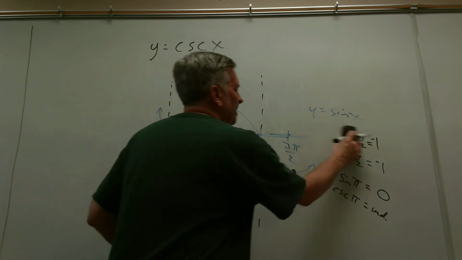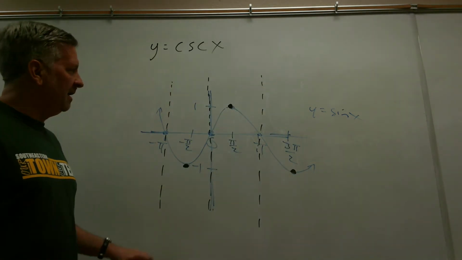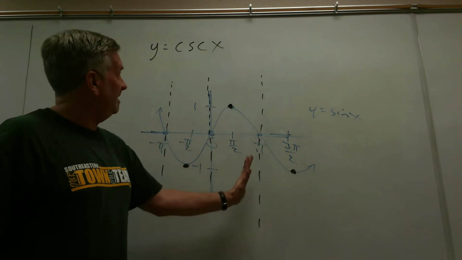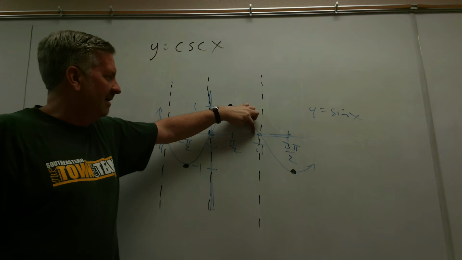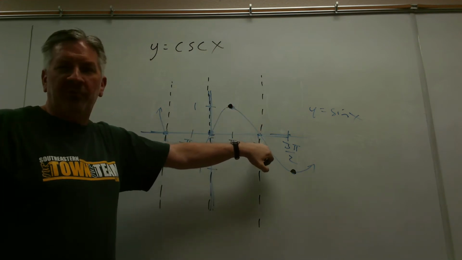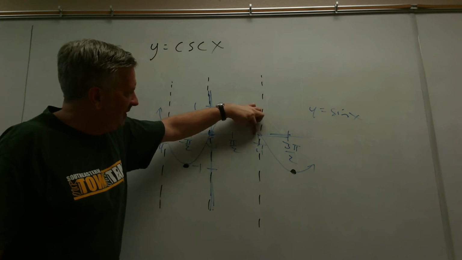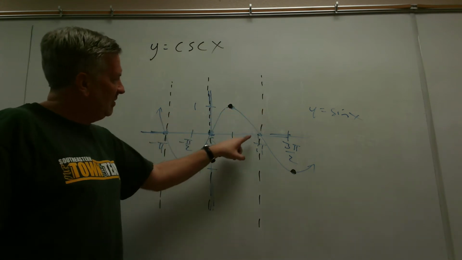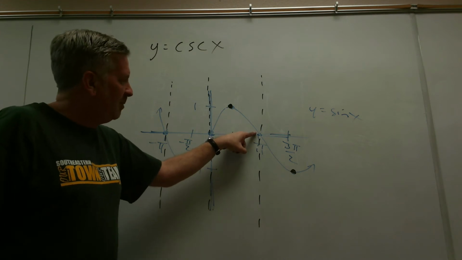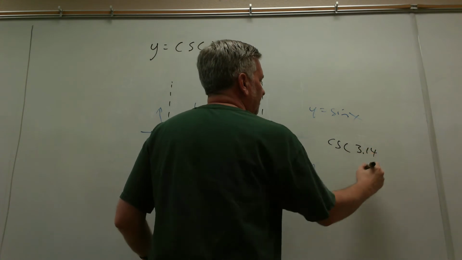Now, if we do what we did before with the tan and the cotan, we know that the cosecant's undefined at pi. What's happening near pi? So pi is 3.1415926535. So if we pick a value just to the left of pi, say 3.14, notice sine of that is very, very small. What's the cosecant of 3.14 going to be?